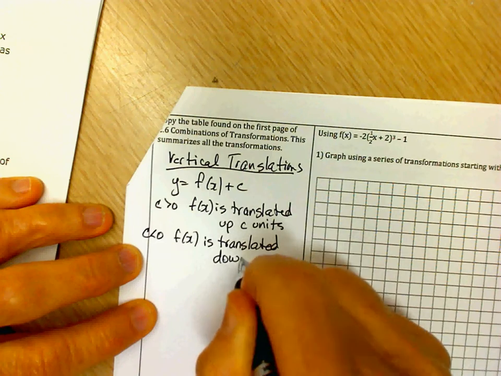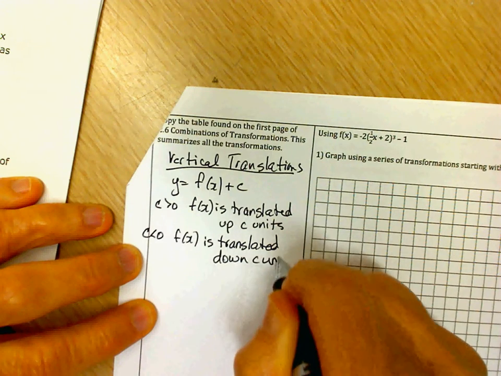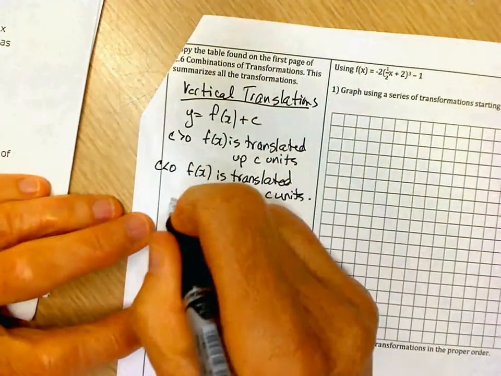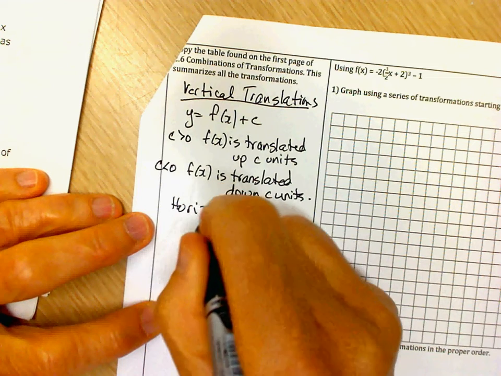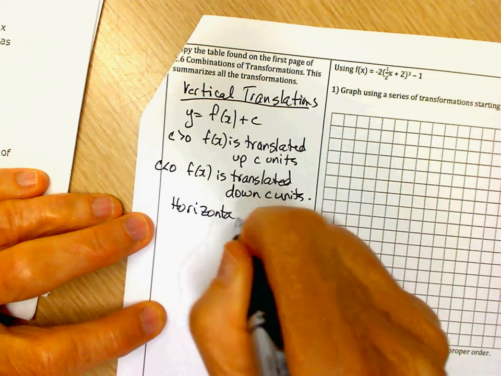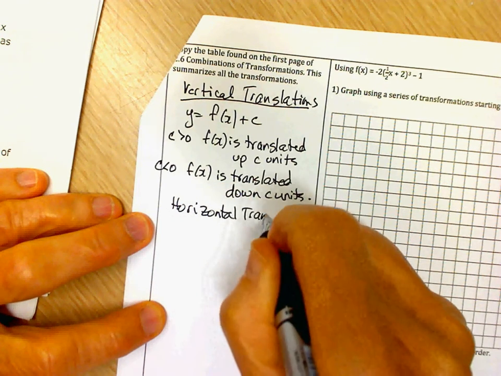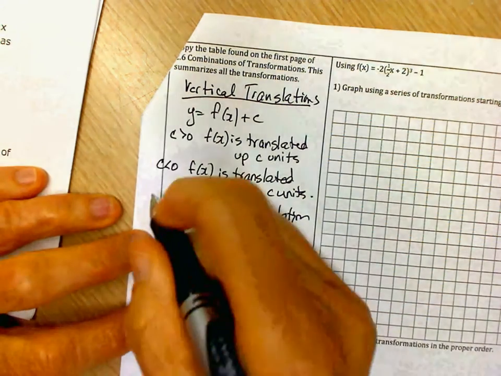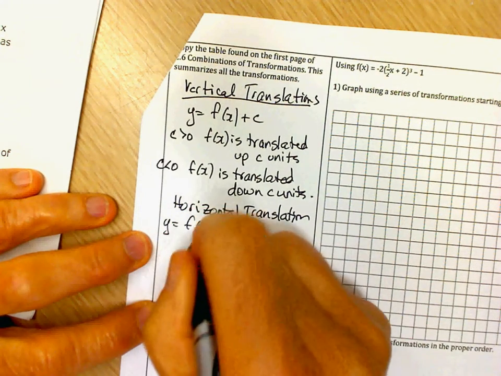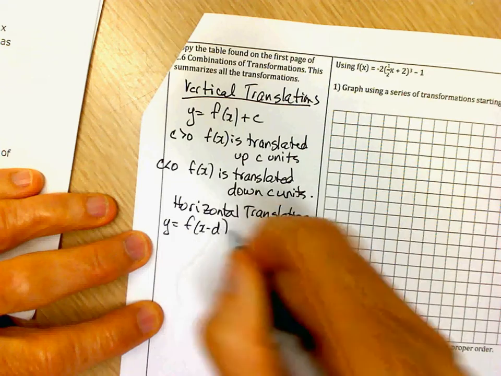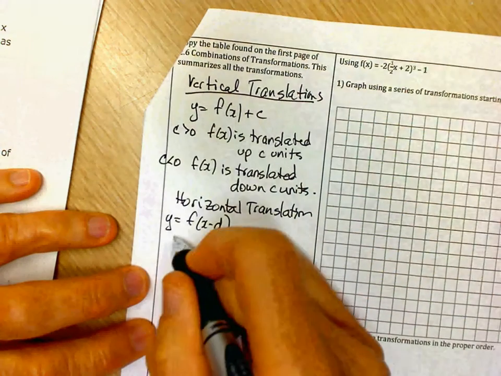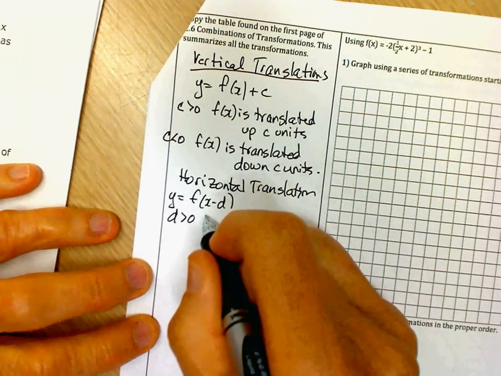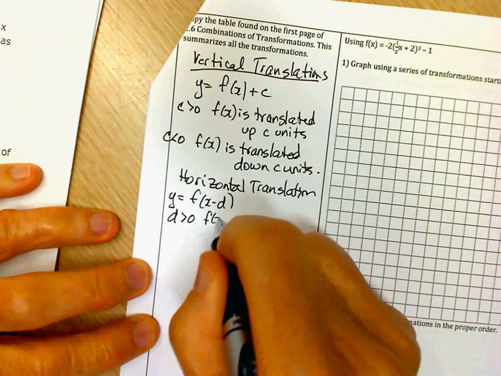Horizontal translations. Here we're going to focus on d, y equals f of x minus d. If d is greater than 0, f of x is translated d units right.